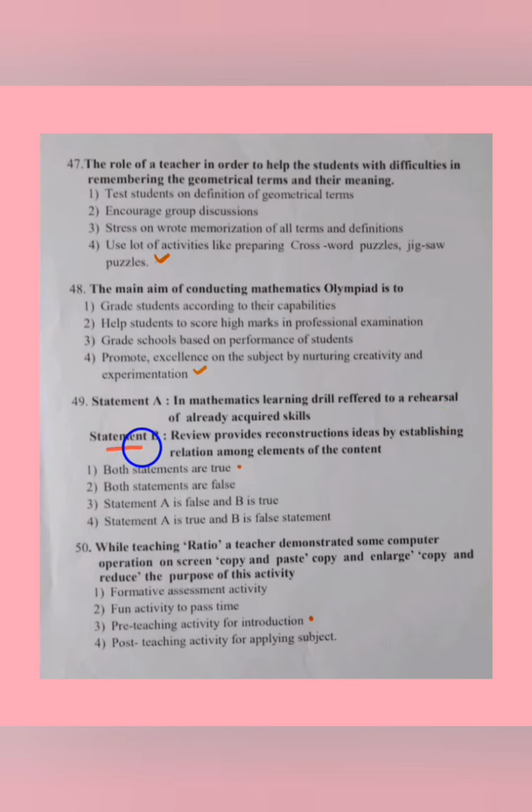Review provides reconstruction of ideas by establishing relations among elements of the content. What do you mean by review of a subject or a concept? You are checking it again, so you can reconstruct it, or modify the already obtained result.